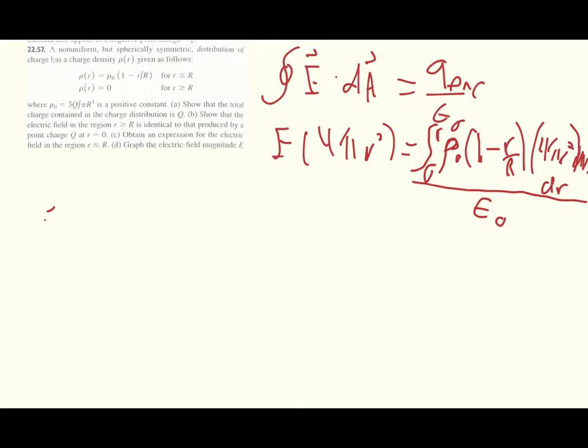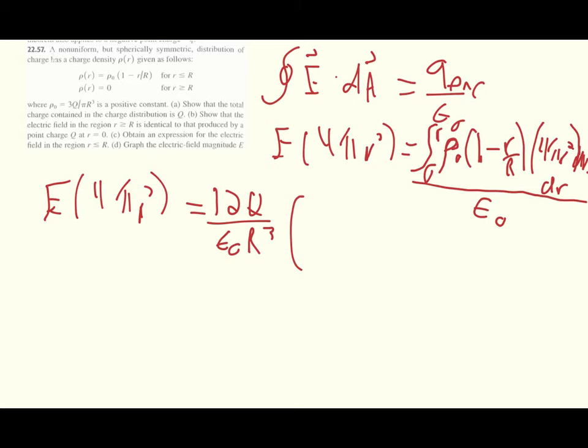The left side we didn't have before. It's still E times 4 pi r squared. And this is going to be 12Q over, and I'm going to put epsilon naught with it this time because we didn't have that before, capital R cubed, times little r cubed over 3 minus r to the fourth over 4R.